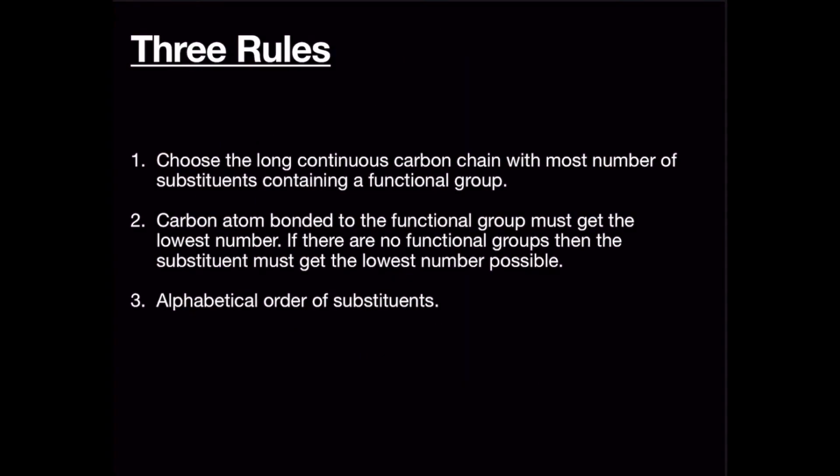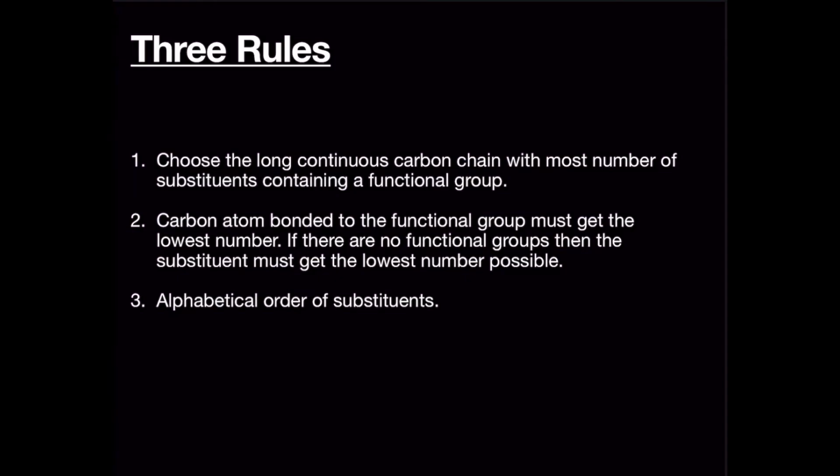Here are the 3 rules that we will be talking about frequently. Number 1, choose the long continuous carbon chain with the most number of substituents containing a functional group. In the case of alkanes, we don't have to worry about the functional group. And then number 2, the carbon atom bonded to the functional group must get the lowest number.